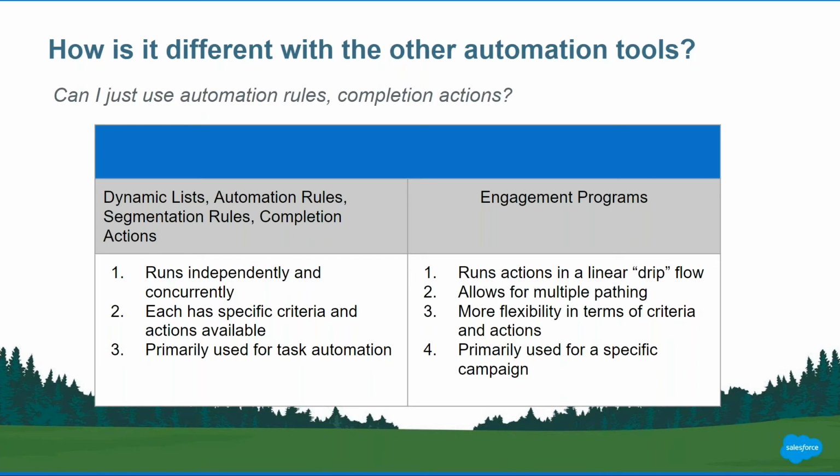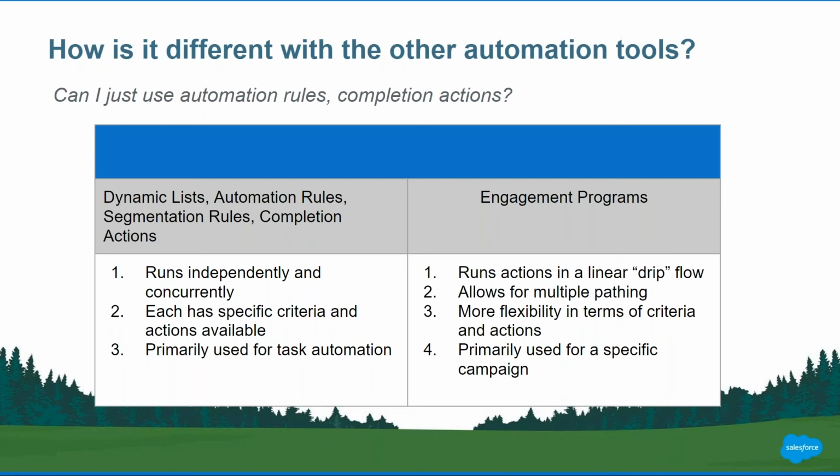Automation rules, dynamic lists, segmentation rules, and completion actions all run independently of one another, and they all run concurrently, meaning they don't follow a sequence of actions the way an engagement program can. Let's say sending them an email, then listening if they click on the email, and looking at the value of their score to see if it's 95 or above.